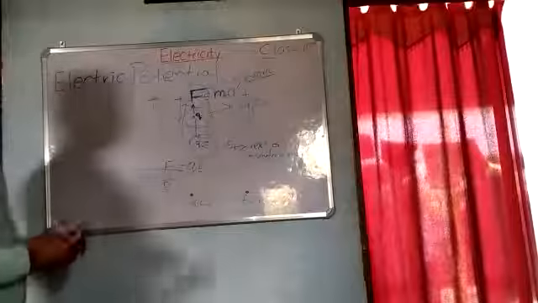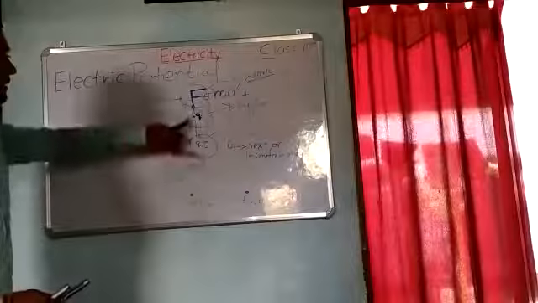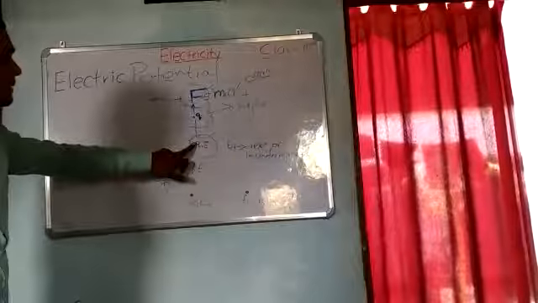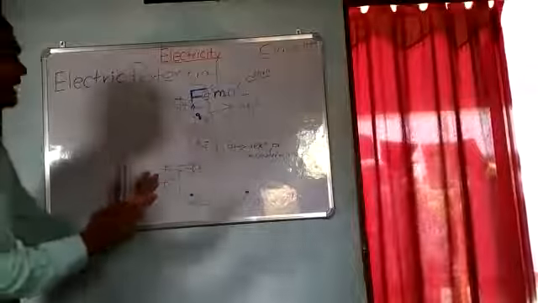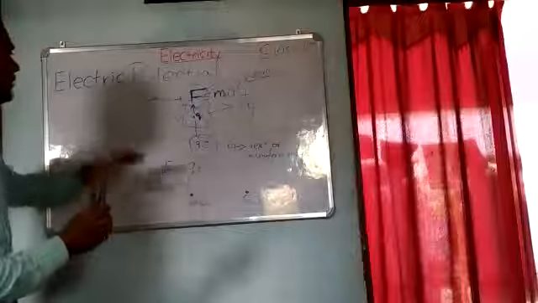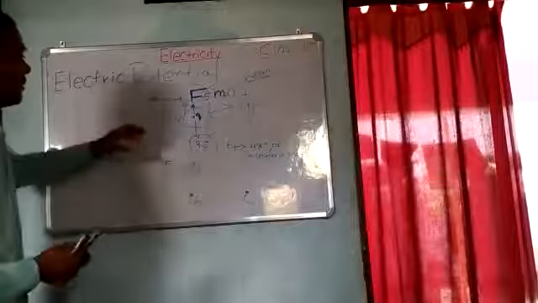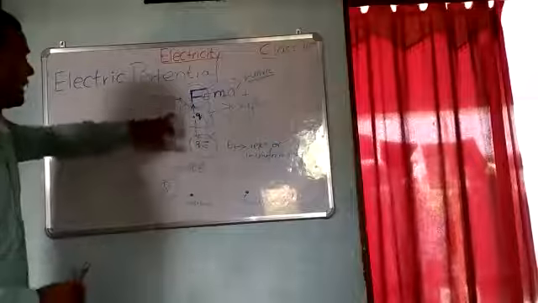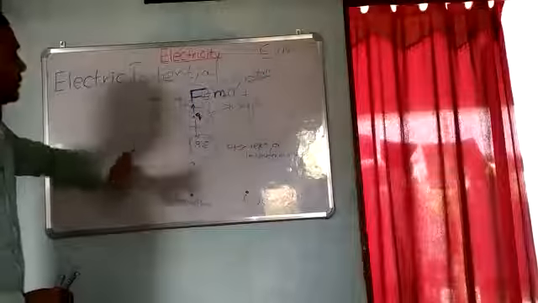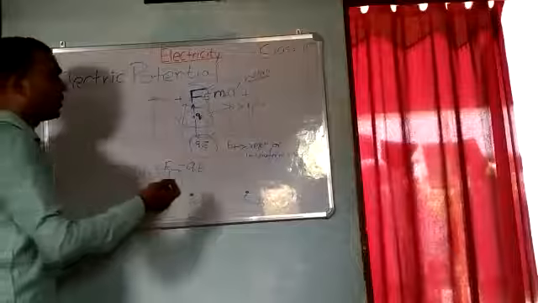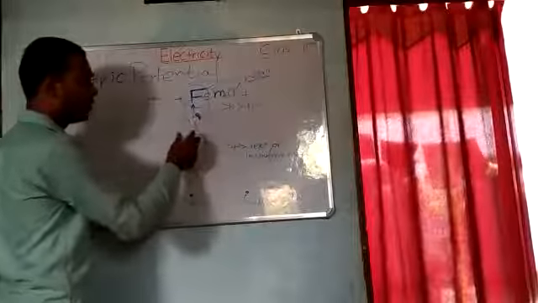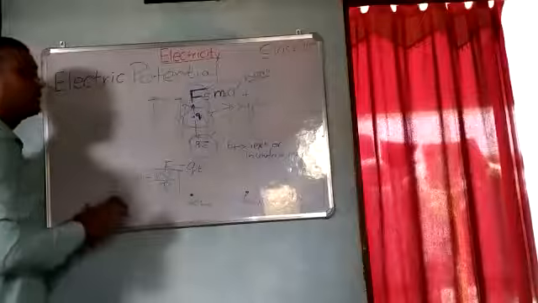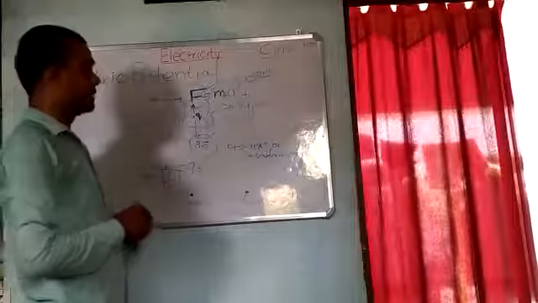I repeat, if this charge comes downward, then the force that acts is the electric force. Every charge flows from positive to negative, but if we want this charge to flow opposite to the direction of current, we have to apply some force on it.